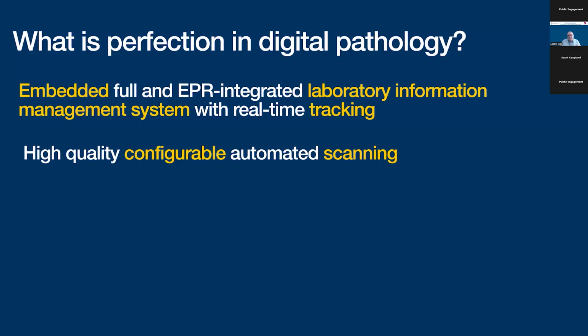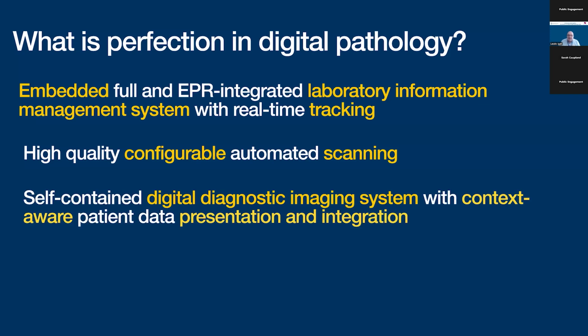The basics include high-quality, configurable, automated scanning. These are probably slightly controversial to each other, configurable and automated, but they are both very important. We have to be able to bend the technology to fulfill all of the things which you want to get out of the scanning. We need a self-contained digital diagnostic imaging system, or IMS, which should be context-aware in relation to gathering and presenting us the patient data in an ideal world.